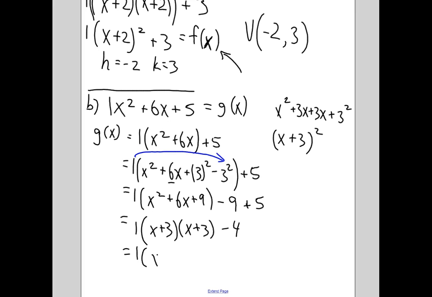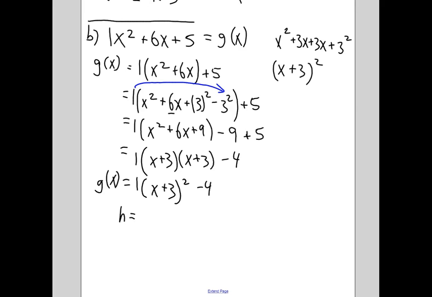Well, it got there because I took a factored form and I wrote it as a square of a binomial. Okay, so there, function g, and then I would state my h value is -3, my k value is -4, and so therefore my vertex is -3, -4. And again, g of x was x plus 3 all squared, subtract 4.